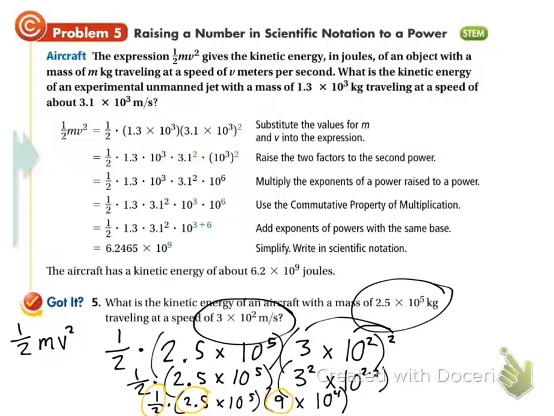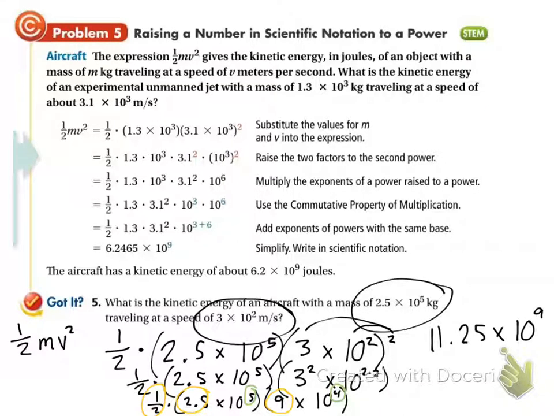Okay, so 1/2 times 2.5 times 9, which gives us 11.25. Oh, let's switch back. Times, and then I need 10 to the, well, I had 10 to the 5th and 10 to the 4th, and when I add those, right, because we're multiplying, I get 10 to the 9th.